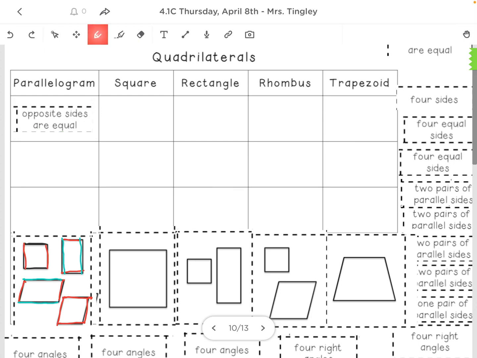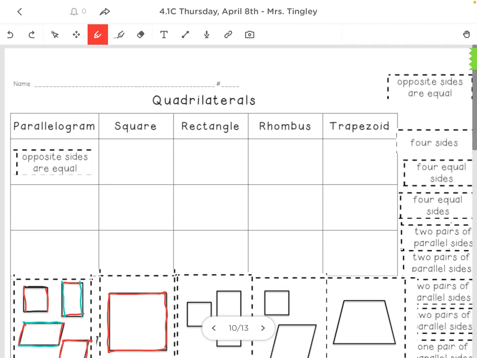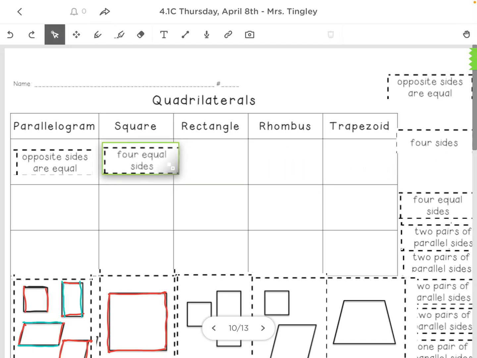What about a square? What is unique about a square and its sides? They're all the same length. All of the sides are equal. It has 4 equal sides.